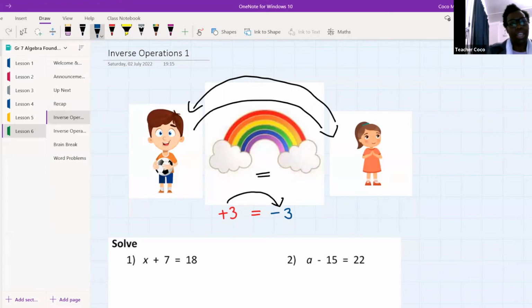Now, if I'm sitting on this side and I am positive 2, and my rainbow is here in the middle, Tanya, can I ask you, if I send positive 2 over the rainbow, what is it going to become? Can you unmute and let me know?